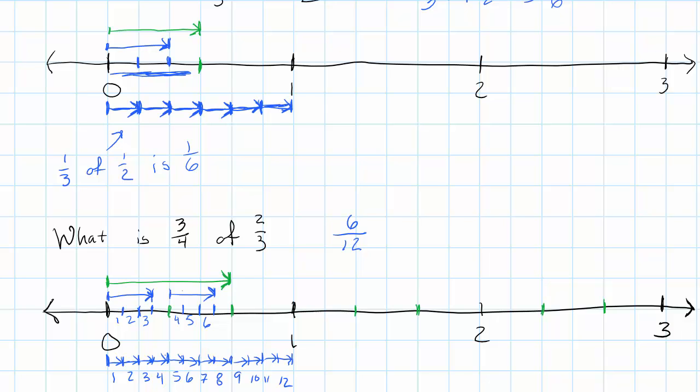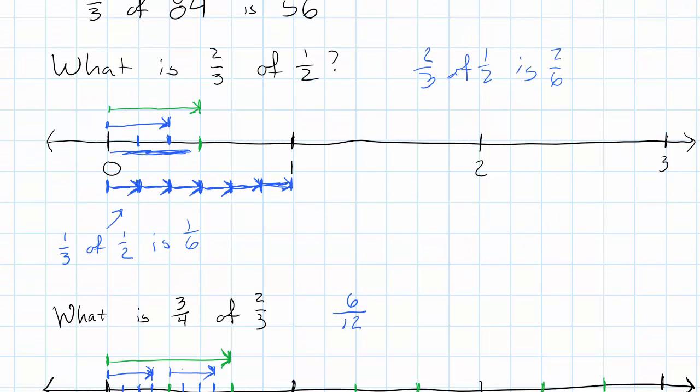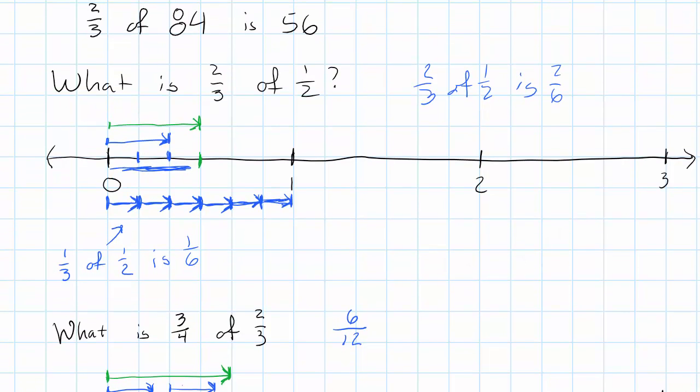Now, you may notice that this fraction, and indeed this fraction also, are not in lowest terms. I'm leaving them like this so that you can see what's going on here.